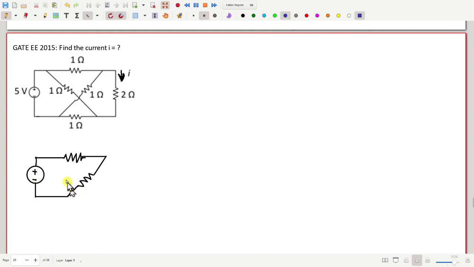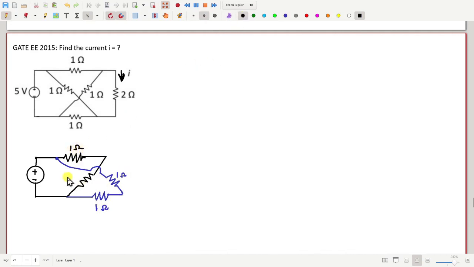then we have another branch. Here is another 1 ohm. This is 1 ohm, this is 1 ohm.